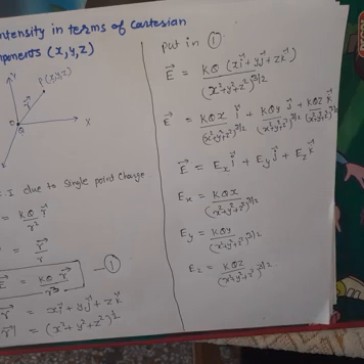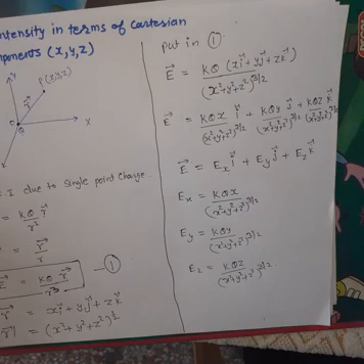Okay, so thus we come to know how to write this electric field in terms of rectangular components. There we have Ex, Ey, Ez. These are the rectangular components.